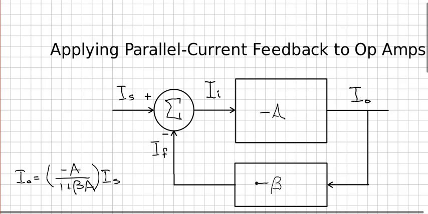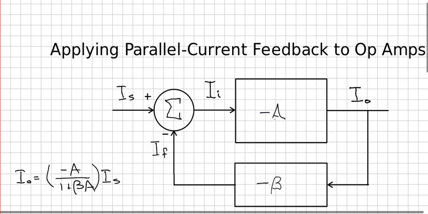But with this negative sign and that negative sign together, it makes positive feedback. So in order to compensate for that, what we do is we make the sign of the original amplifier negative, in effect putting our input in the negative terminal instead of the positive terminal.